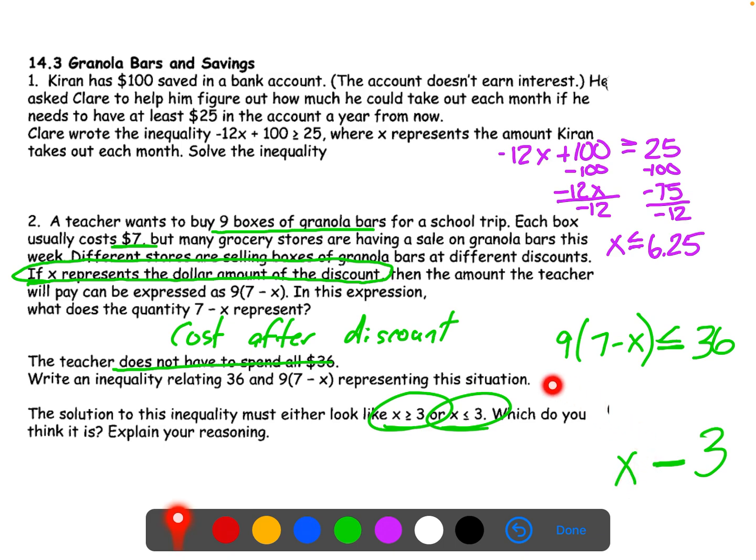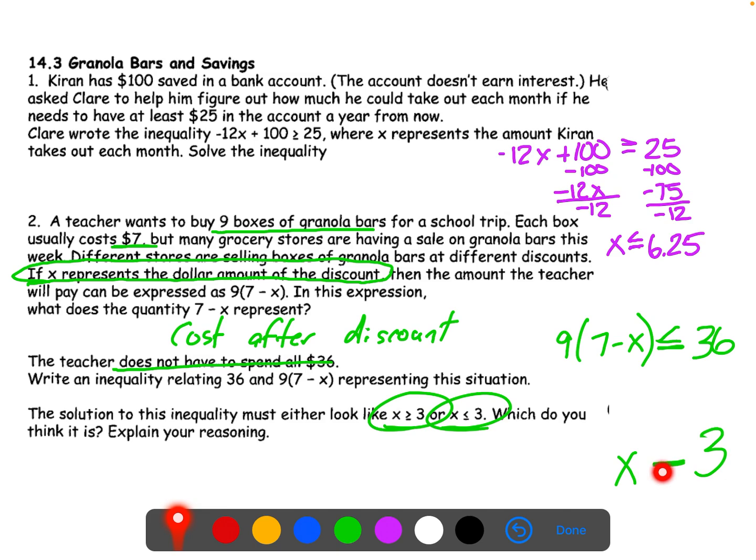So remember, if we go back to the situation, x represents the dollar amount of the discount. x is what's being taken off of the price of each box of granola bars. So if we have to keep this under a budget, if we have to spend less than $36 or equal to $36, the bigger the discount on the granola bars, the better.